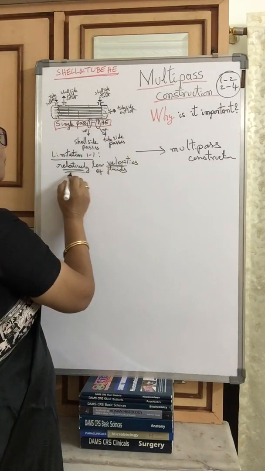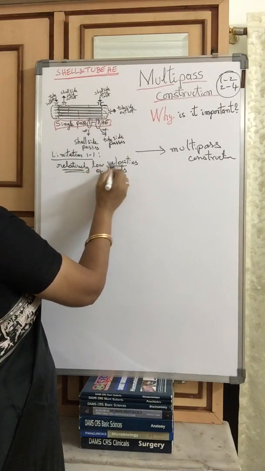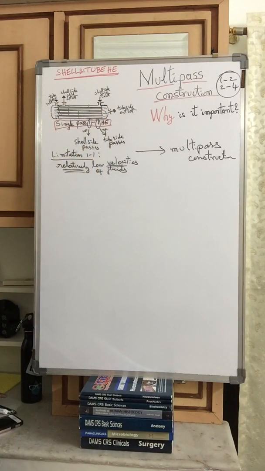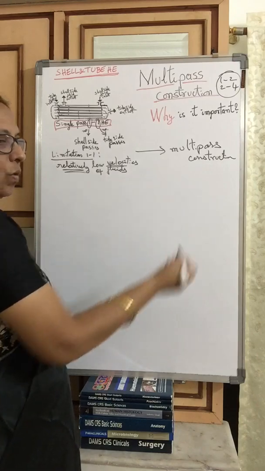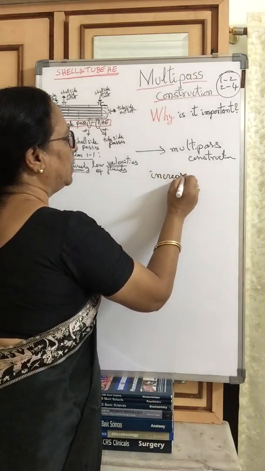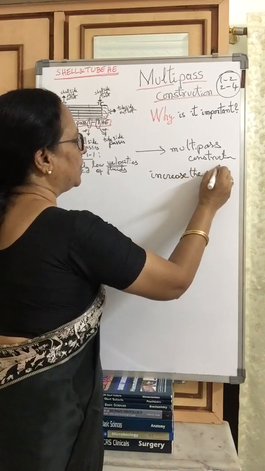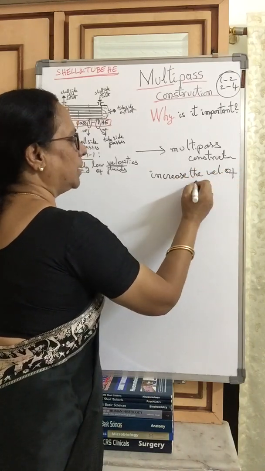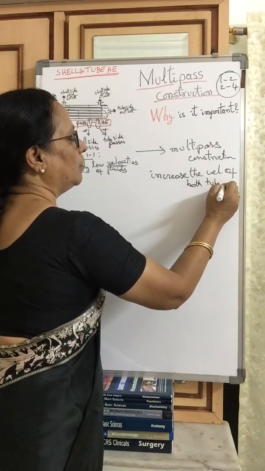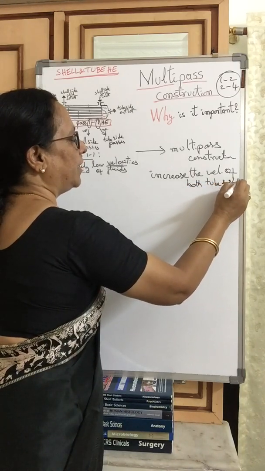Because the velocities of both the tube side and shell side fluids are relatively low, how can we overcome this? Increase the velocity of the fluids, both tube side and shell side.